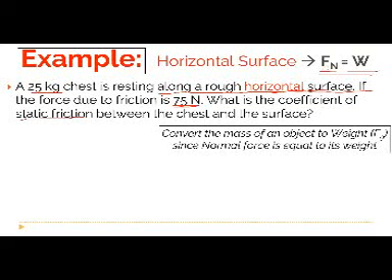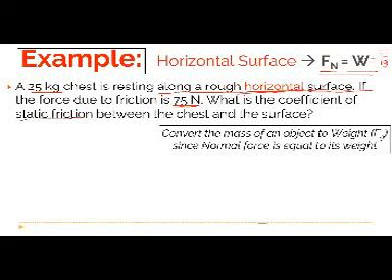The normal force is equal to the weight of the object, or the force due to gravity. Sir, bakit siya naging equal to the force due to gravity? It is equal since the object is lying along a horizontal surface.